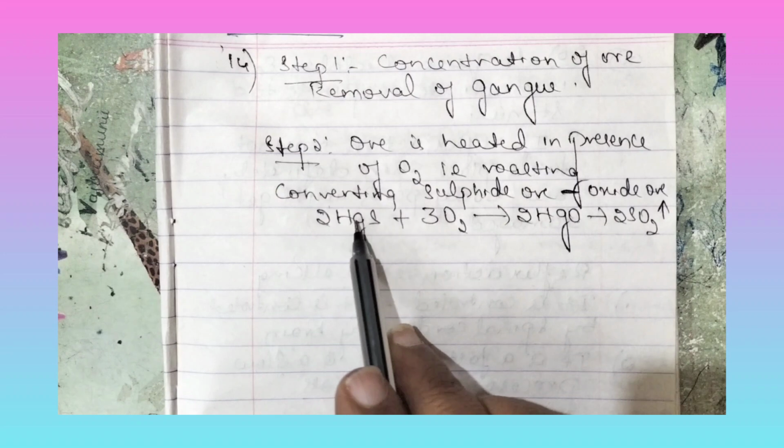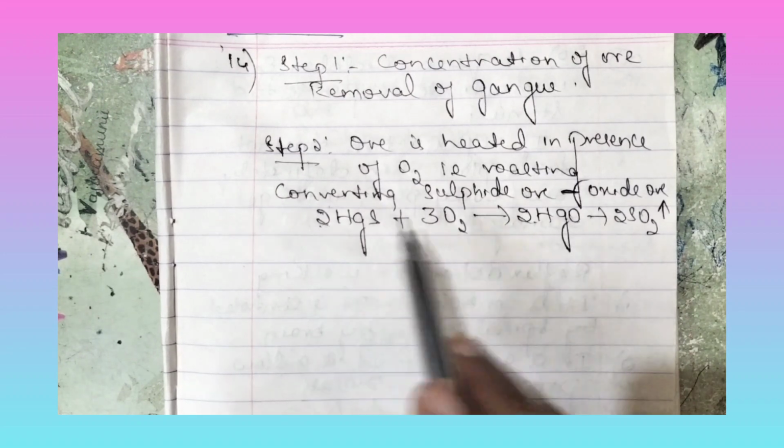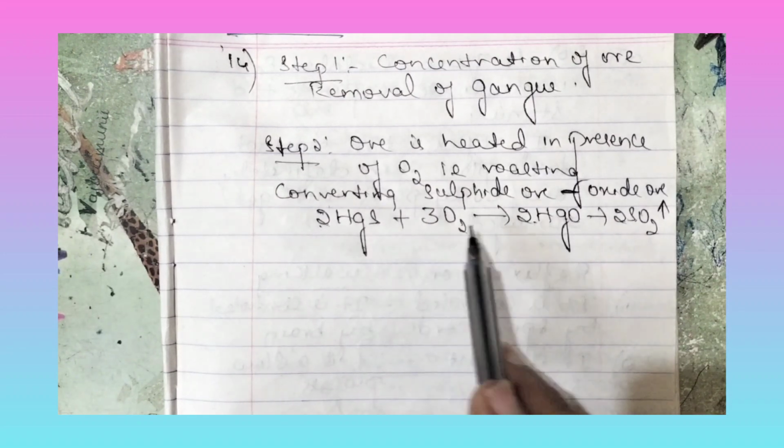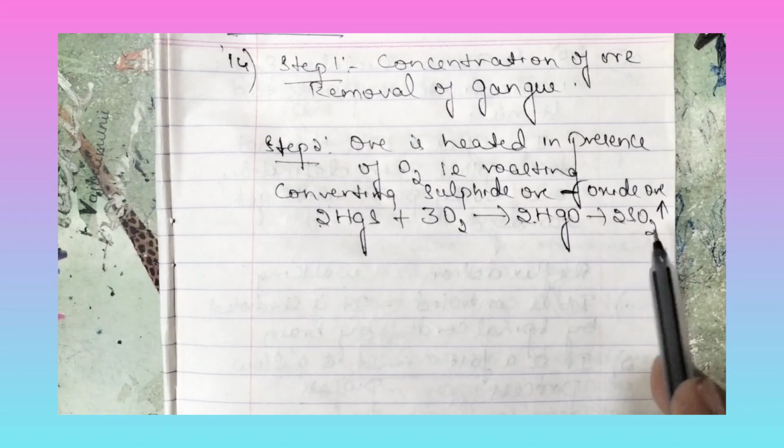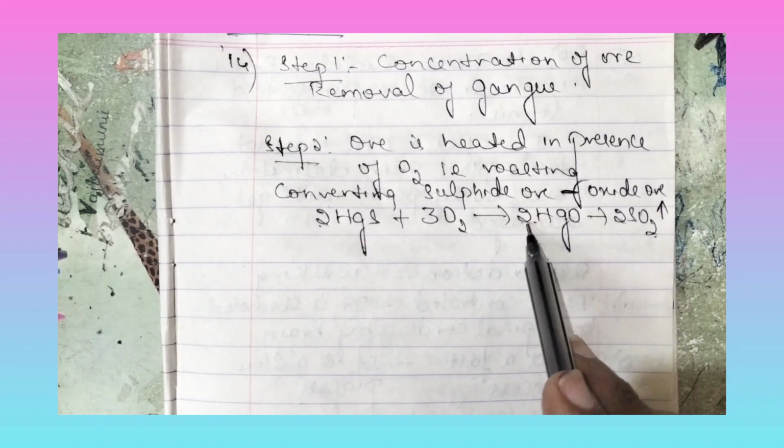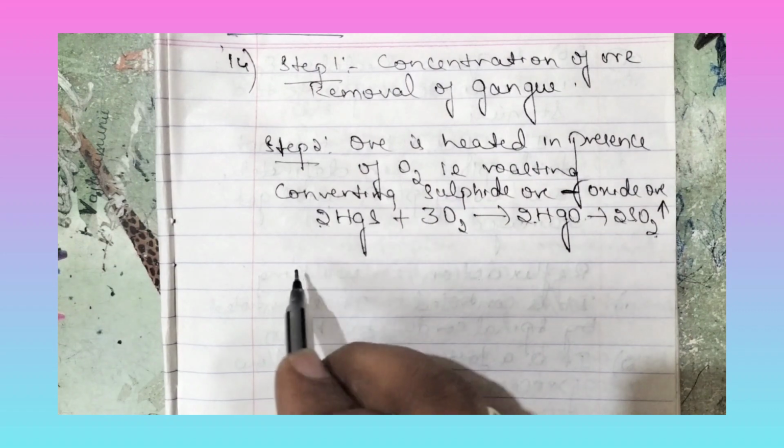Checking the equation: 2 S's on the left, 3 O2 gives 6 oxygens; on the right 2 plus 4 is 6. So the equation is balanced.